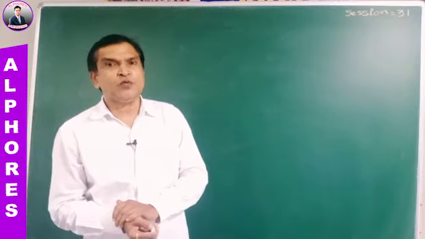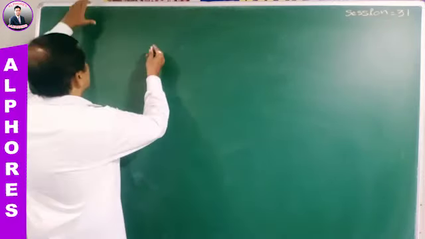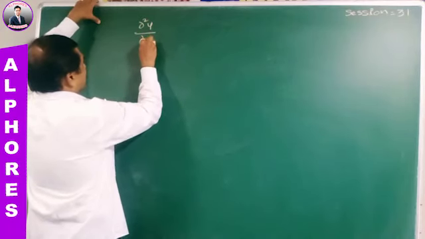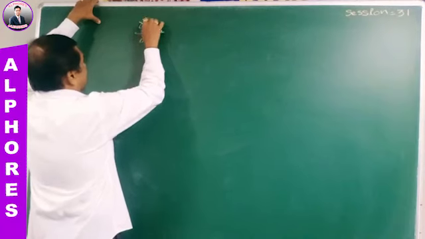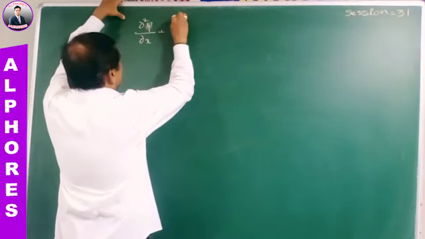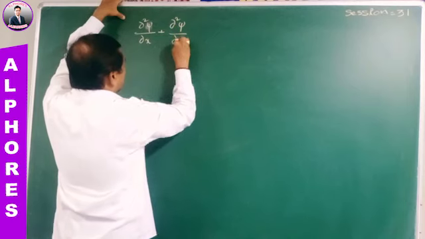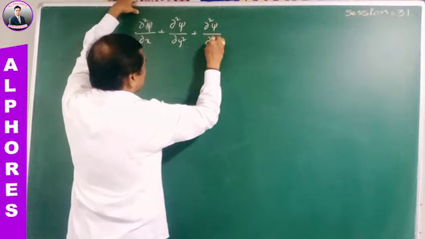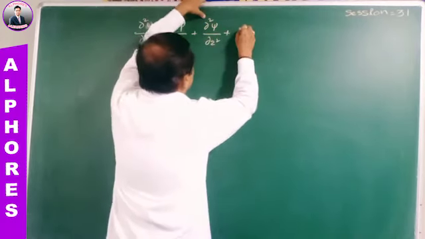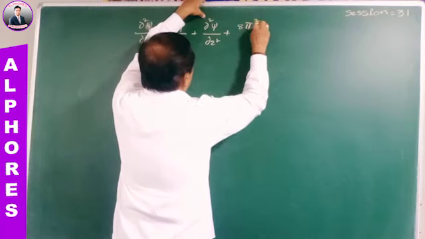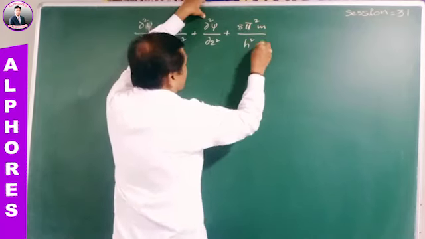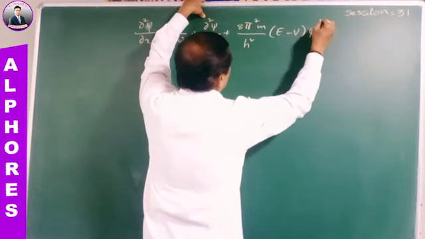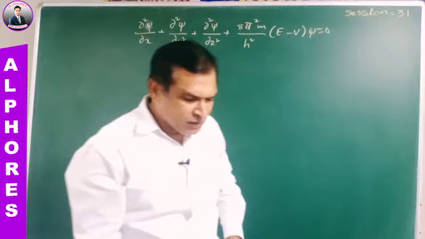The Schrödinger wave equation is represented like this: del square psi by del x square plus del square psi by del y square plus del square psi by del z square plus 8 pi square m by h square (E minus V) psi is equal to 0. That is Schrödinger wave equation.